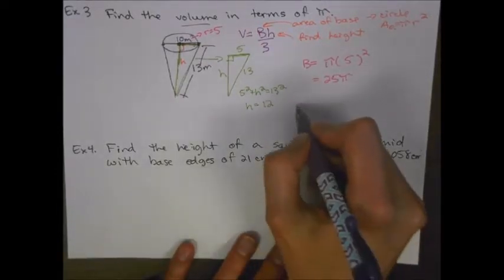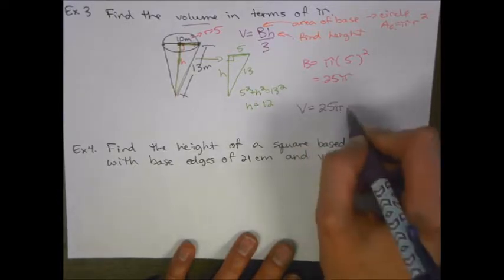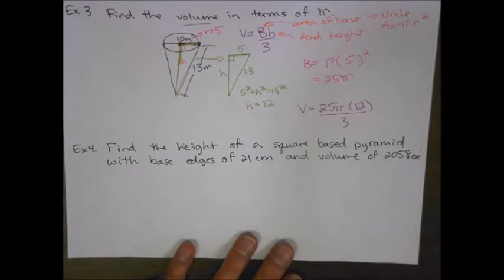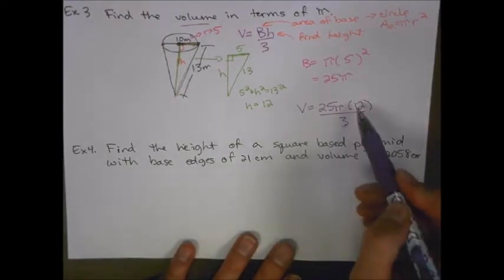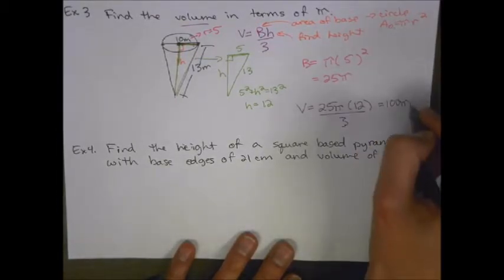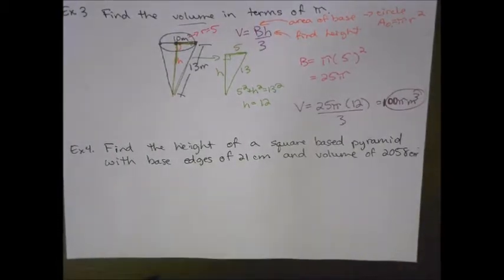I can now find the volume. 25 pi times 12 divided by 3. 12 divided by 3 is 4. 4 times 25, that's 100 pi meters cubed. And we left it in terms of pi.